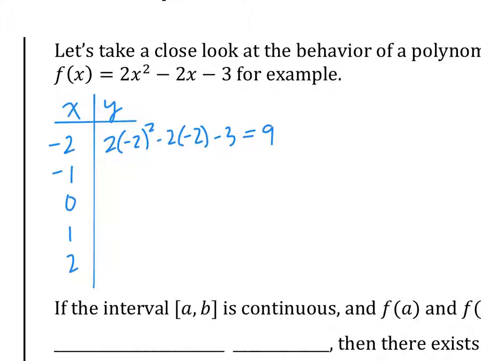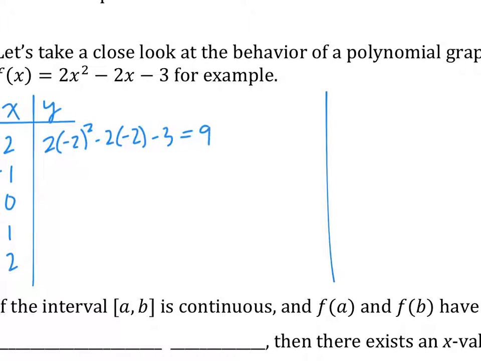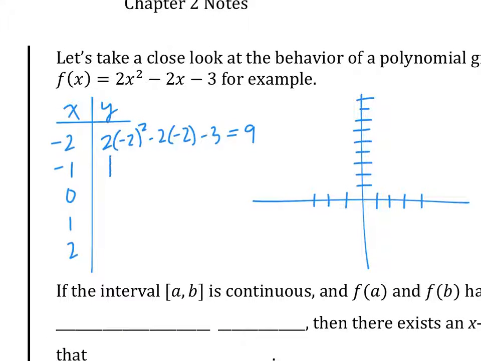All right, so first number is 9. Go ahead and do the rest, and then I want you to plot those points. The numbers are 9, and then 1, -3, -3, 1.